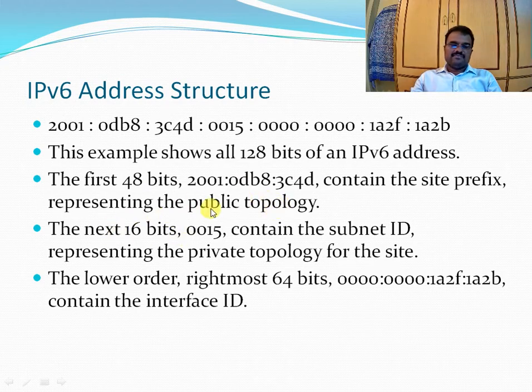The next 16 bits, nothing but 0015, contain the subnet ID representing the private topology for the site. The lower order 64 bits contain the interface ID. This is the IPv6 address structure.